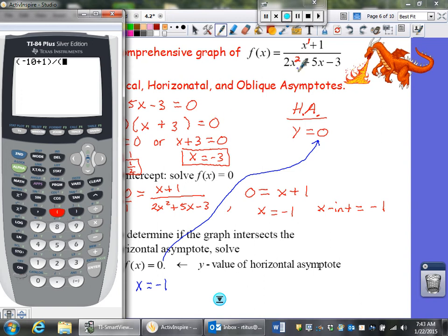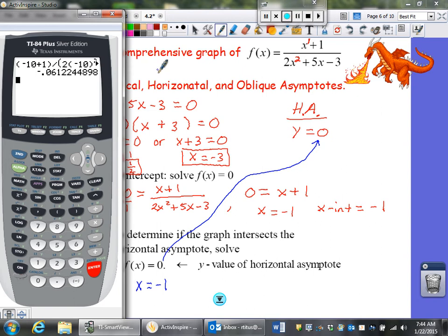The denominator is 2 times -10 squared, so I close it and square it, and then plus 5 times -10, and close it, and then -3. At the very end, I have to close the denominator, so that's why there's a parenthesis here. I'll hit enter, and that answer is approximately -0.06.